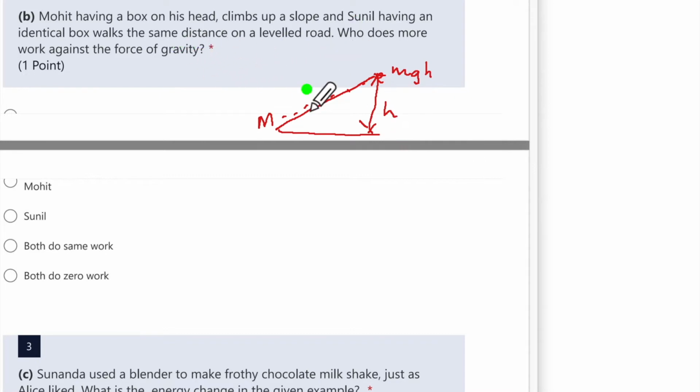All right. On the other hand, when Sunil is walking on the level road, so let us show Sunil separately. That Sunil is the man who is walking horizontally along the level road.